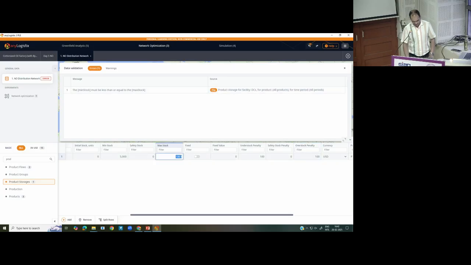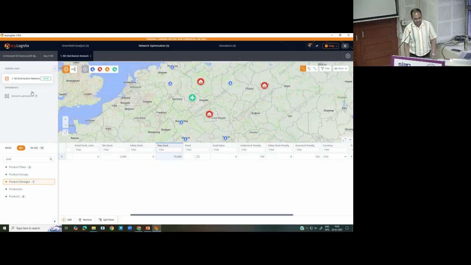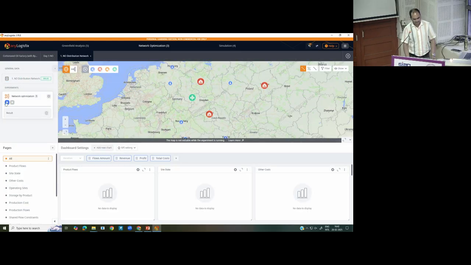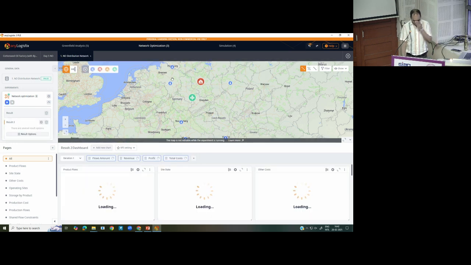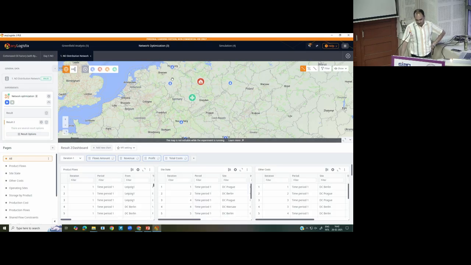Okay, so maximum stock should be 10,000. Okay, valid. Run it. What happens, guys, if you restrict the distribution center capacity? We may not satisfy all the demands. That may happen. Profit, can you see? Profit is down here 2.98%. Why?